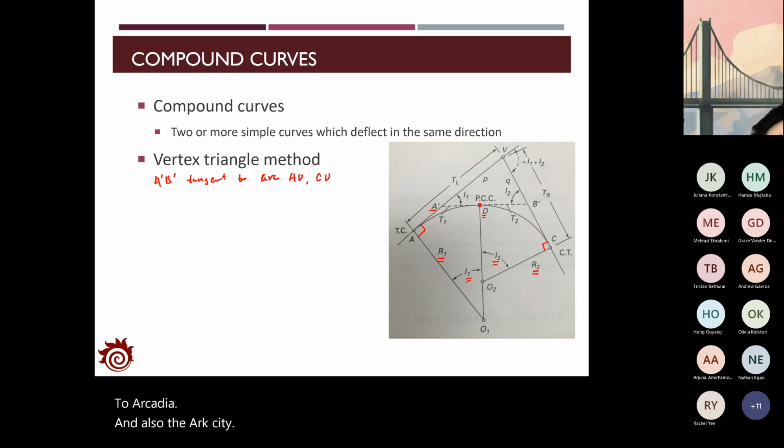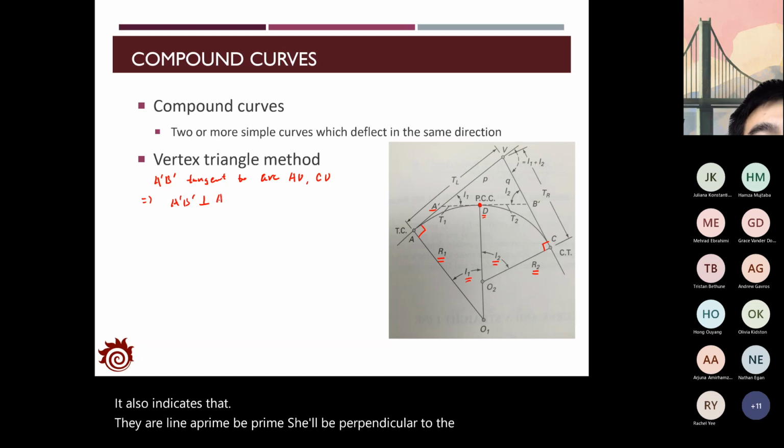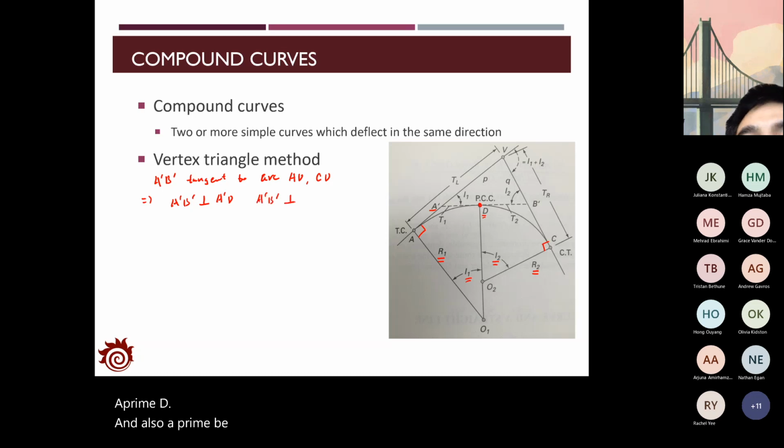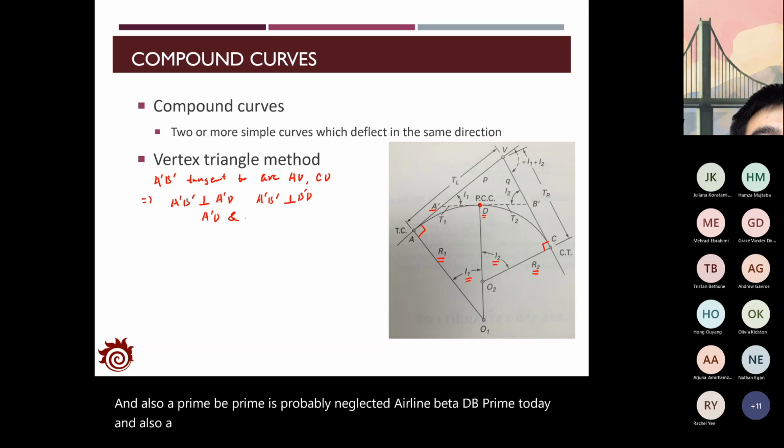It also indicates that the line A prime B prime should be perpendicular to the line A prime D, and also A prime B prime is perpendicular to the line B prime D, and also A prime D and B prime D are the same line.